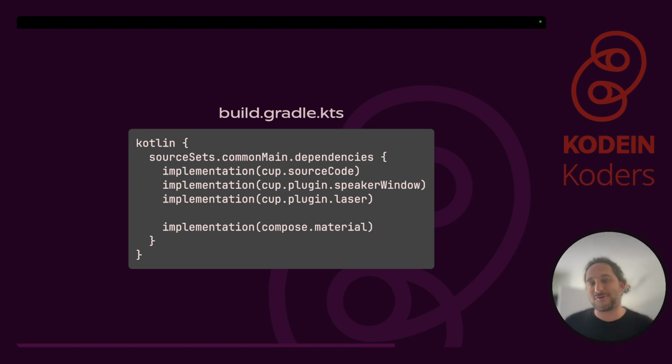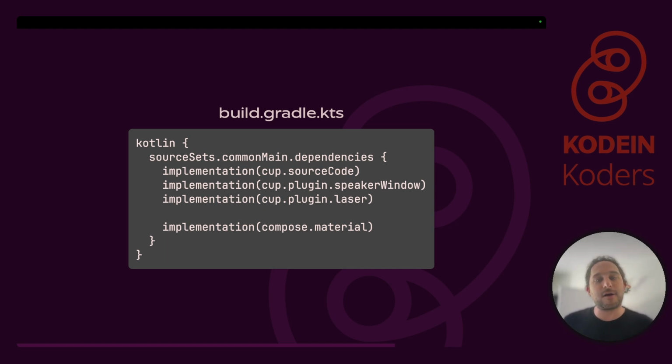The first is the source code dependency, because if you want to animate source code, then you need to have the source code composable, which is not in Cap by default. And then if you're using those 2 plugins that I'm going to be talking about in the next slides, then you'll need to add them as dependencies as well.